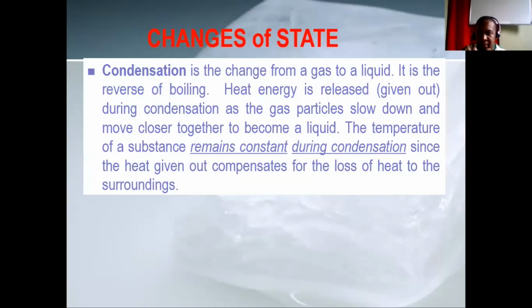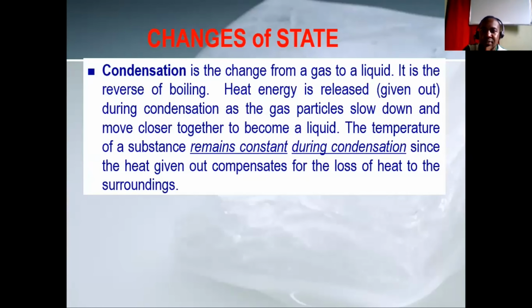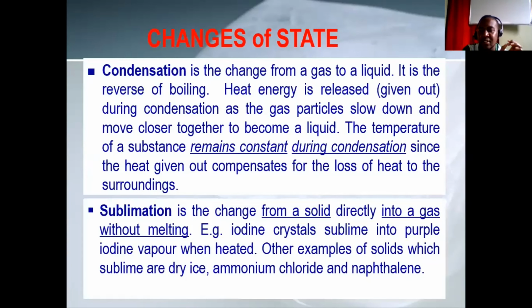And then we have condensation, which is from gas to liquid. In this case, we're removing heat from a gas so the particles can come closer together to become a liquid. And then we have sublimation, which changes directly from solid to gas without going into the liquid phase. Examples of sublimation are iodine crystals, which sublime, and ammonium chloride and naphthalene, and dry ice as well.